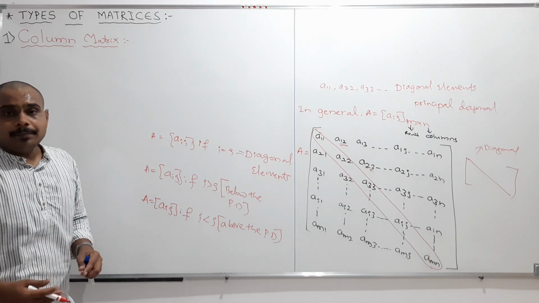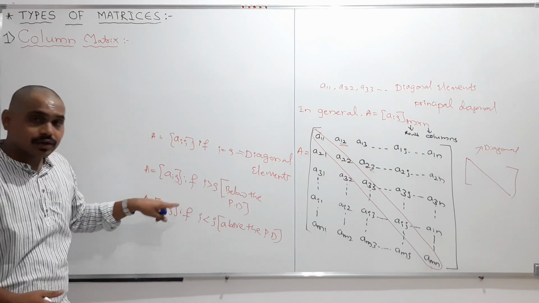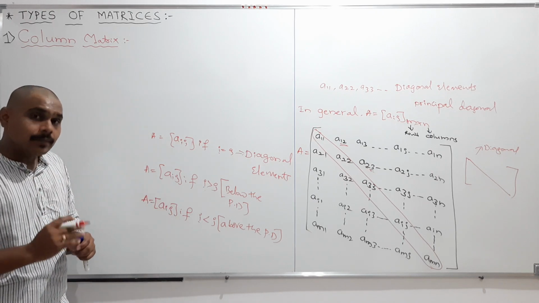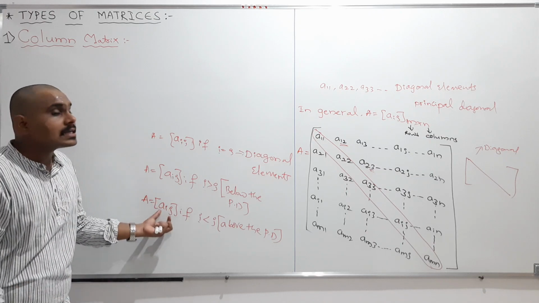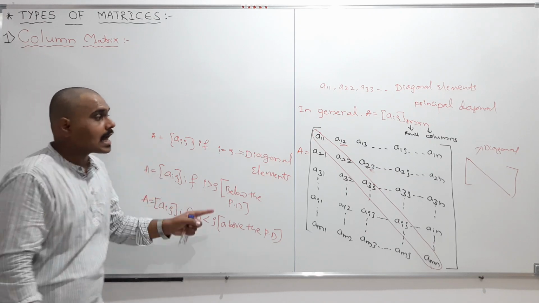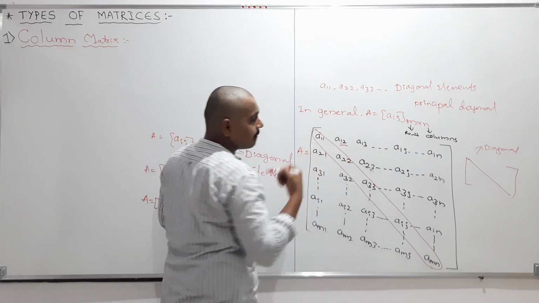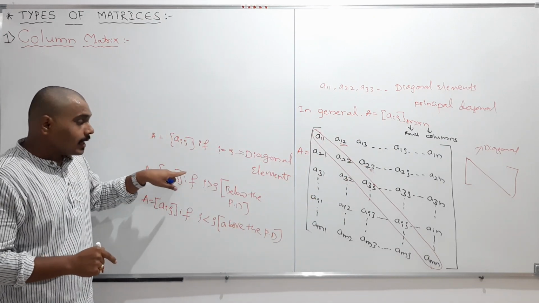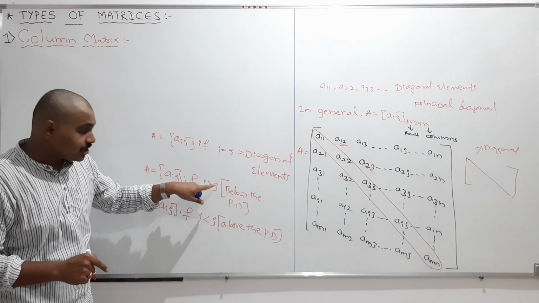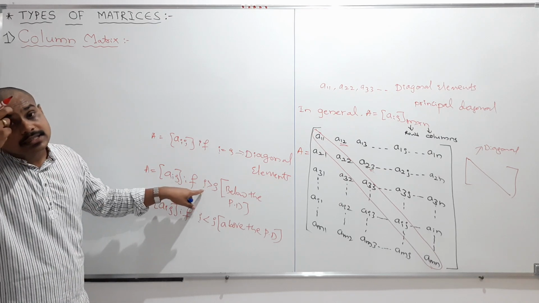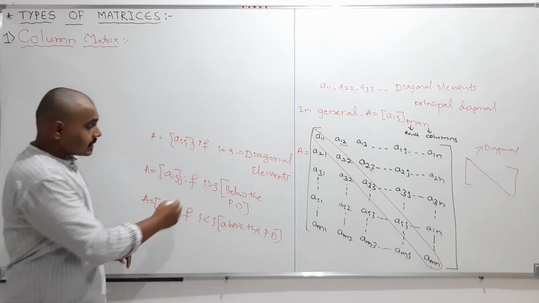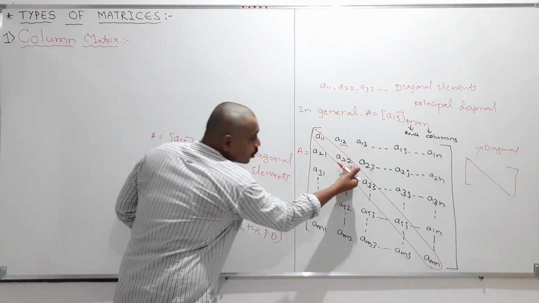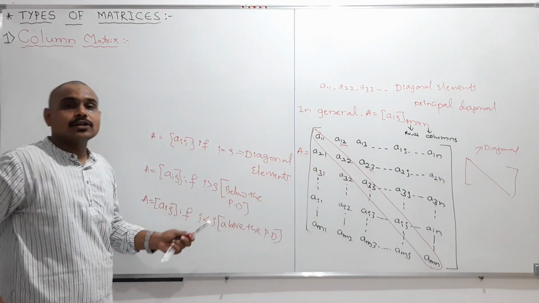So in future, if I write a equals a_ij with i less than j, you should think that these are the elements above the diagonal. If I write a_ij with i greater than j, these elements are below the principal diagonal.